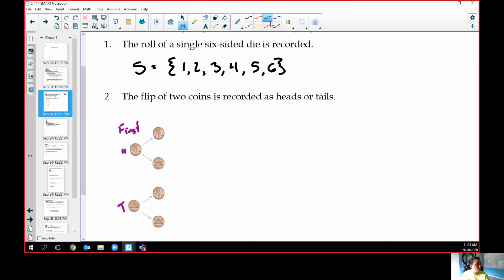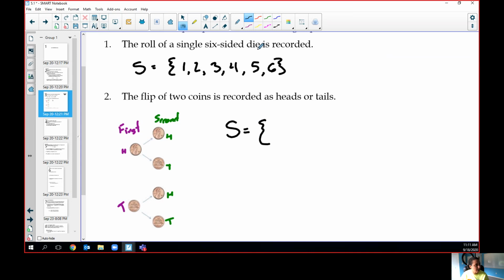On our second coin flip, same idea, we could either get a heads or a tails. The issue here is, what did we get first? So what we really have are 4 different possible outcomes for our sample space.